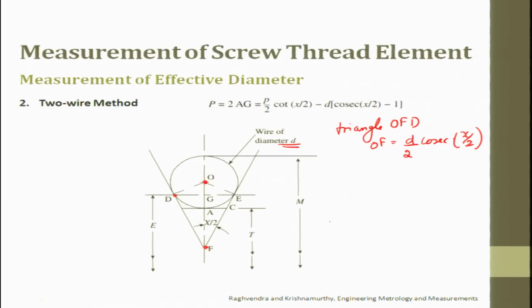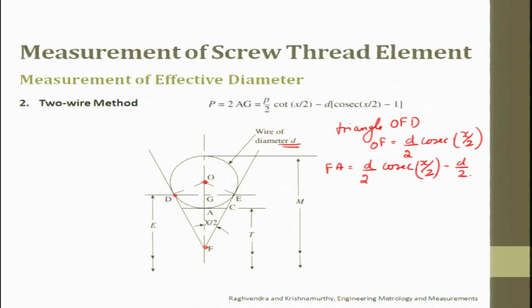If we want to find out FA, FA is nothing but D by 2 cosecant x by 2 minus D by 2.